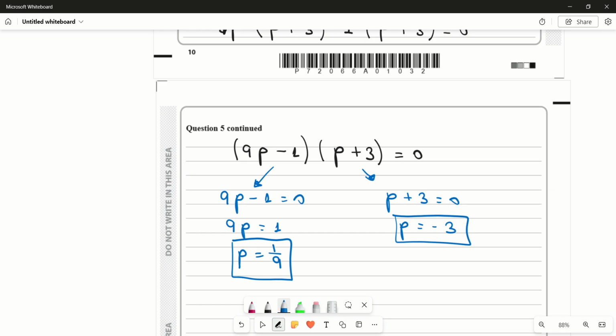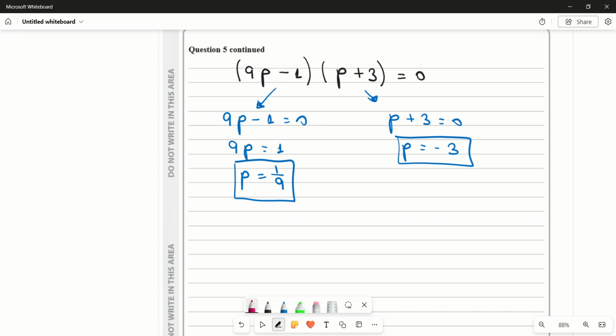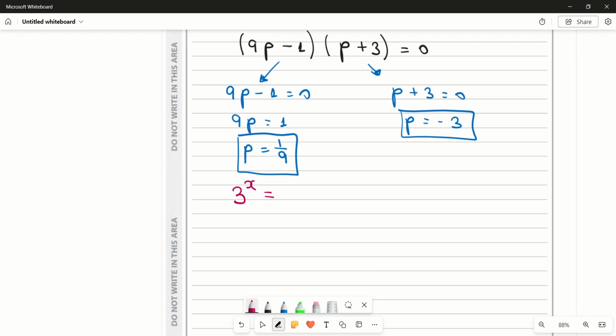But I have used the substitution where I have allowed 3 to the power of x to be equal to p. So therefore I do need to find the value of x. So the value of p is 1 over 9.